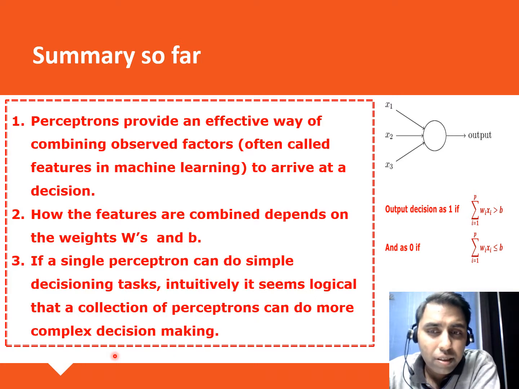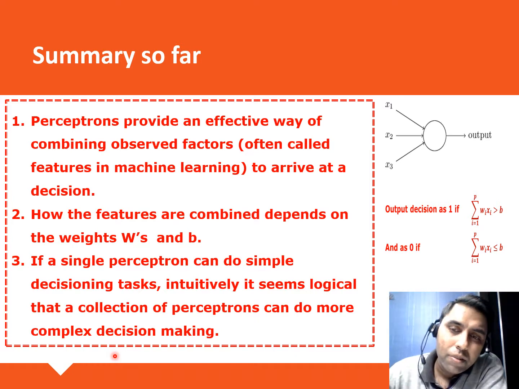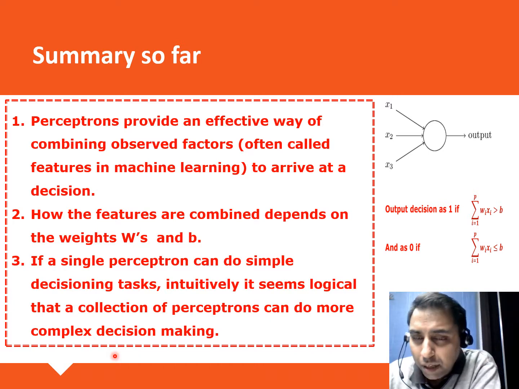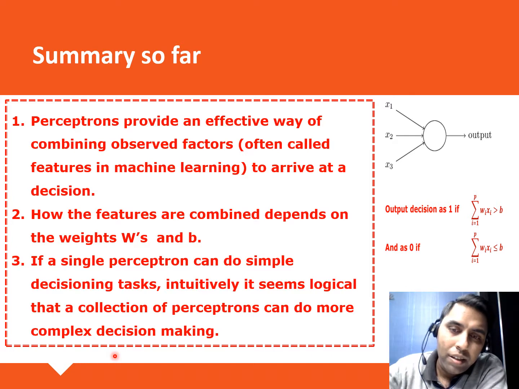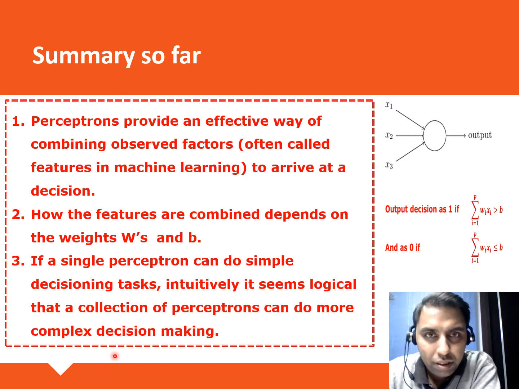I'll reiterate this point once again because this is the key point which gives rise to the structure of the neural network. We have seen that a single perceptron can receive multiple pieces of information, combine them and make a decision. And if that be the case, then for more complex decision making, it seems intuitive and logical that if we combine a collection of perceptrons, arranged in a certain way, together they can do more complex decision making.